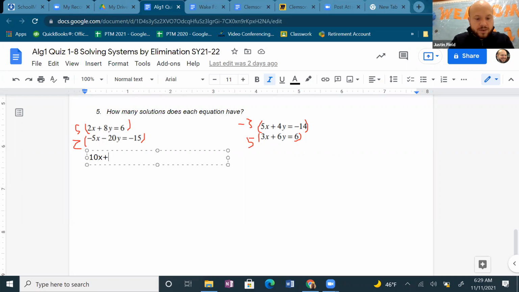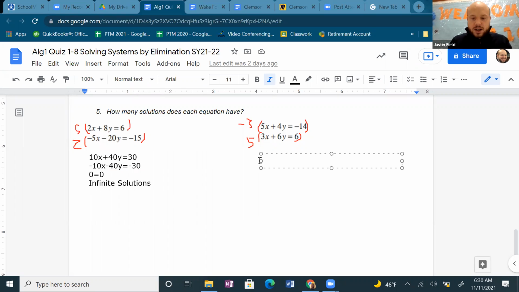10x plus 40y equals 5 times 6 is 30. Negative 10x minus 40y equals negative 30. Look at what happened. You get opposites. So everything cancels on both sides. 0 equals 0. What does that mean? Infinite solutions. All right.